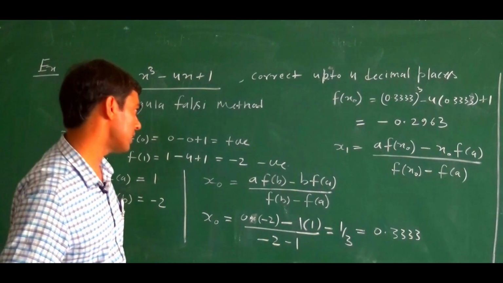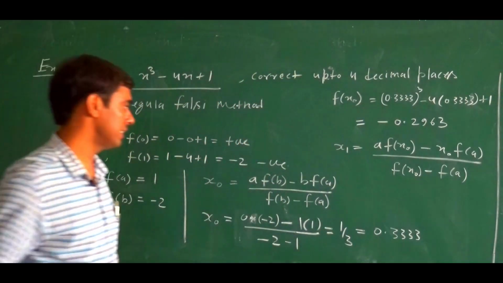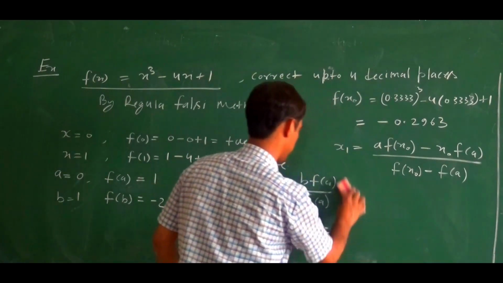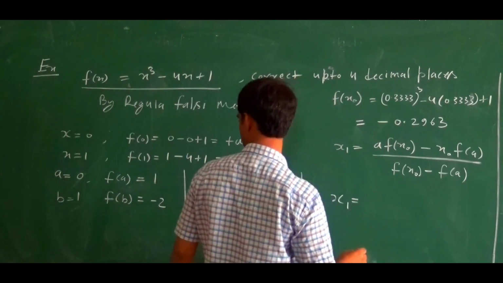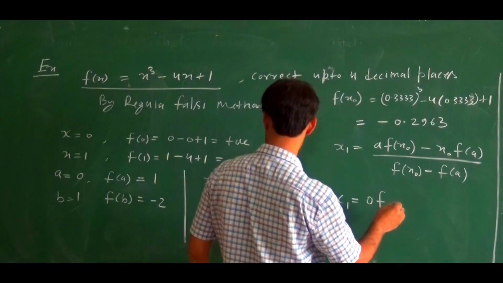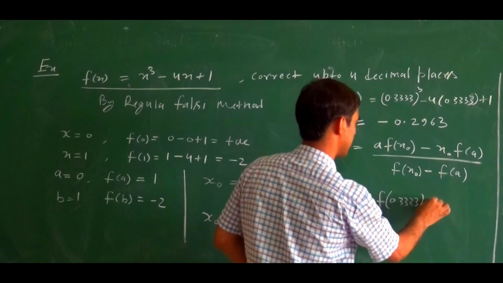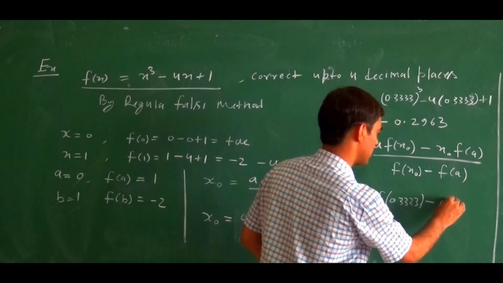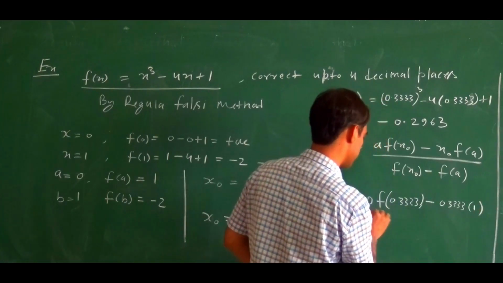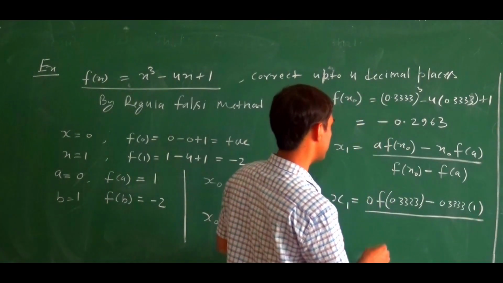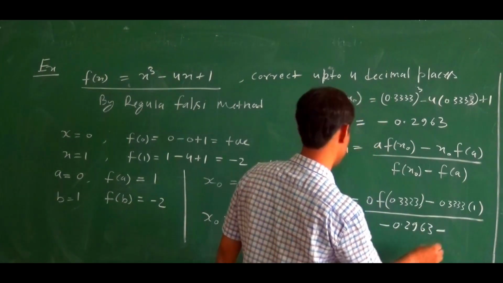Now if we put the values of a, x0, f of x0, f of a here, then we find x1 equals a, which is 0, times f of x0, minus x0, which is 0.333, times f of a, which is 1, divided by f of x0, which is minus 0.2963, minus f of a, which is 1.